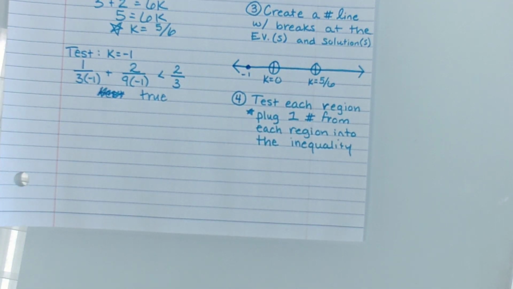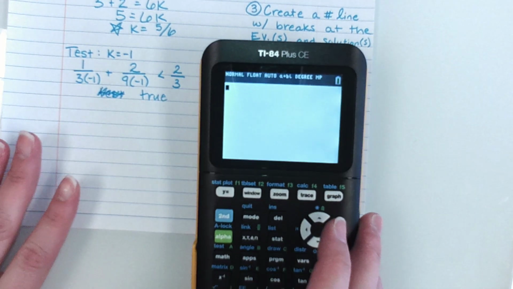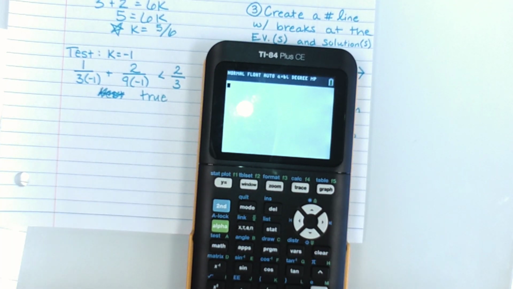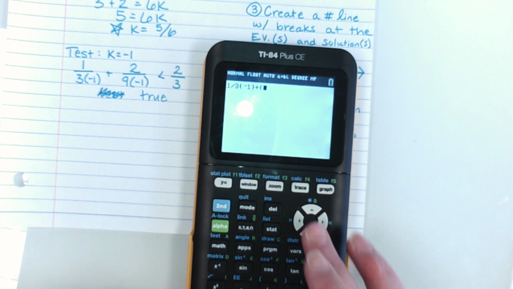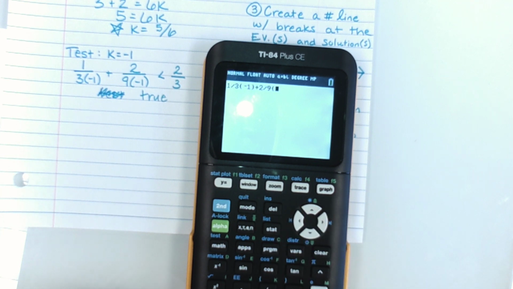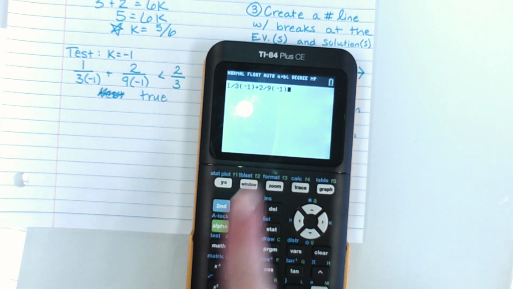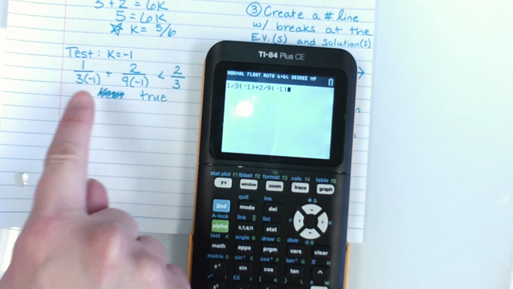Now, that being said, do you have to go through and do it the way we just did it? No. Can you type it into a calculator? Absolutely, but you have to be careful. If I go to plug the left side into my calculator as written, this is not the same thing as this.